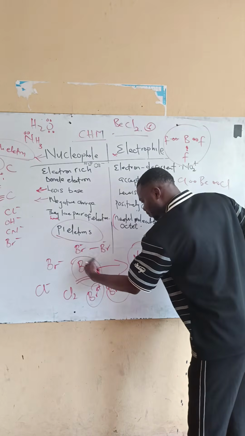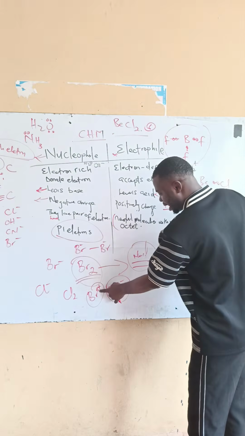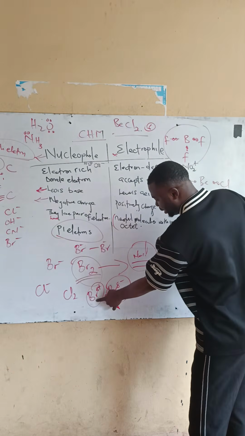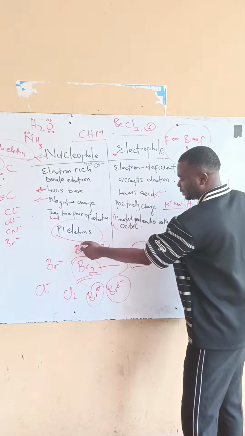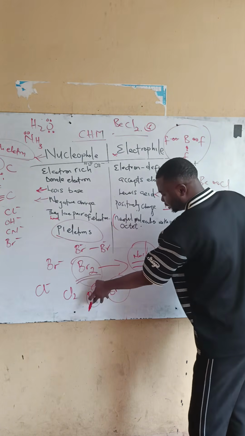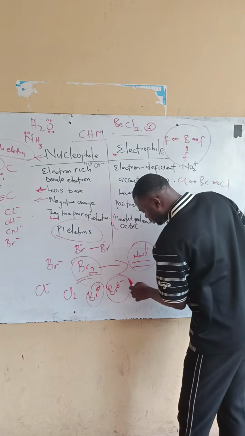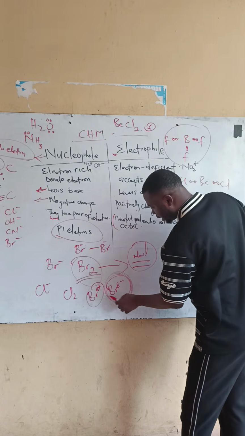The repelling effect causes this guy to become easily polarized. We now have partial positive Br, partial negative Br, which started as neutral. Something that was neutral now has an electrostatic force such that we have a positive side and a negative side. Is that okay?